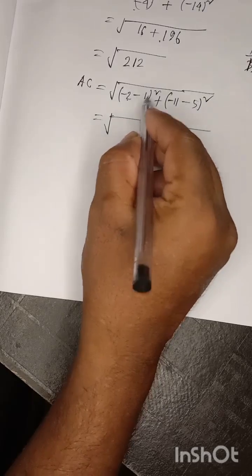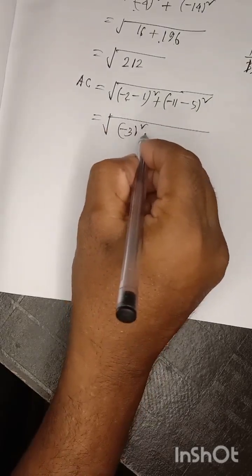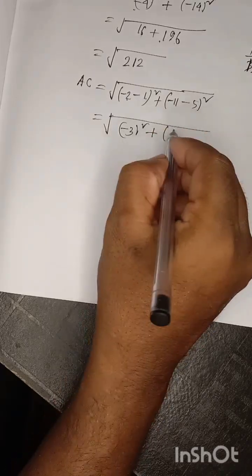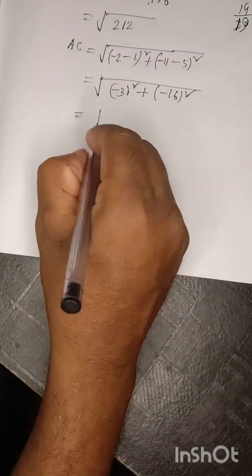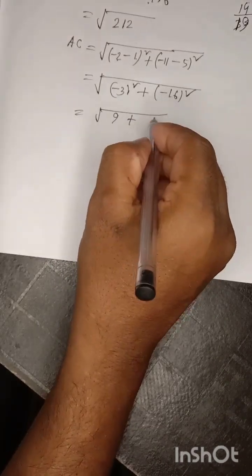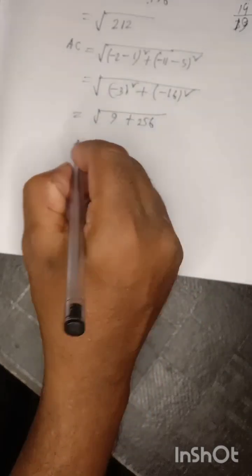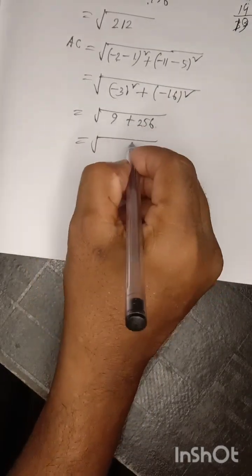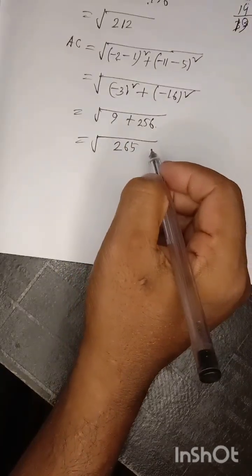Then minus 2 minus 1 we get minus 3 whole square plus minus 11 minus 5, minus 16 whole square. So 3 3s are 9 plus 16 16s are 256. On adding these two numbers, 265.